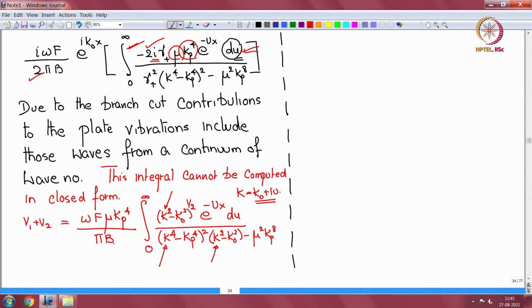Now we will find what happens as x approaches infinity. That means I have this 1D plate excited by a line force. I have some vibrations happening, some sound field being generated, and the sound field is interacting. As I move far away from my source, as x tends to infinity, I want to see the velocity field.